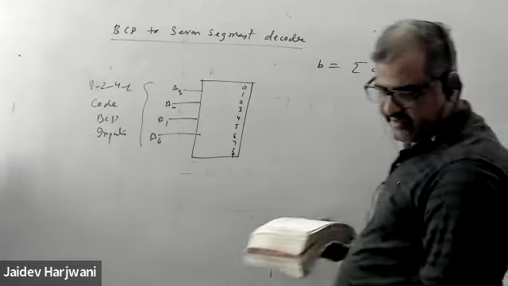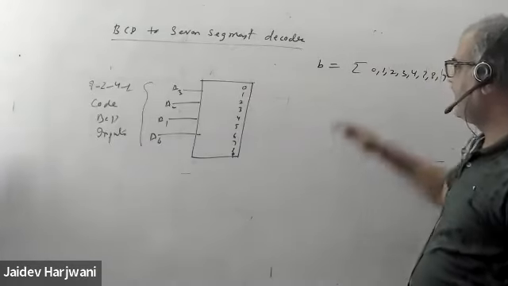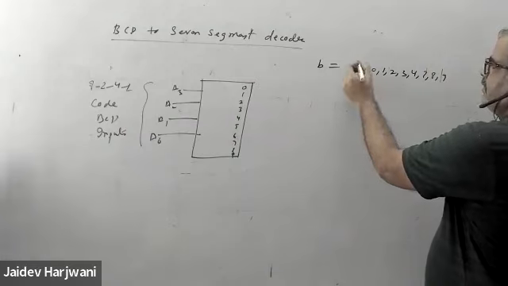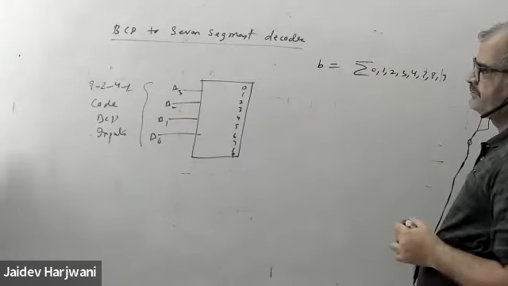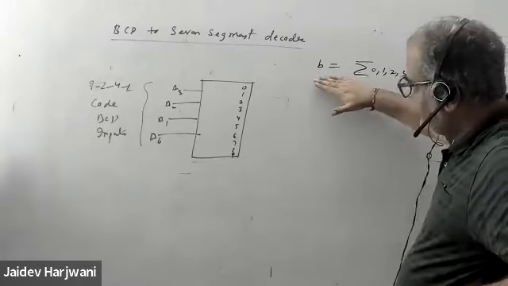These min terms are present for B, isn't it? Can I write B like this? Check the truth table. Yes, sir. Okay, so that means I can write B.